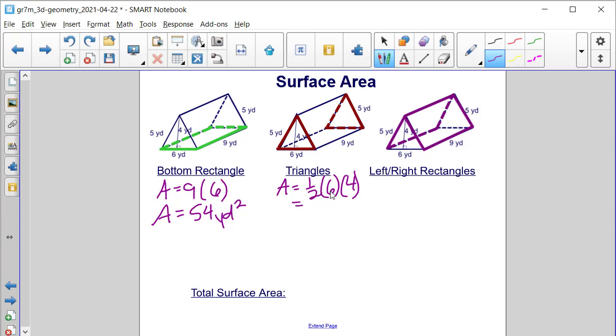So 1/2 of 6 is 3, and 3 times 4 is 12 square yards. And again, this is the area of one triangle. So the area of both triangles will be 12 times 2, or 24 square yards.